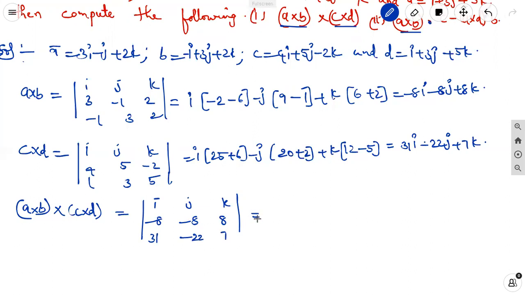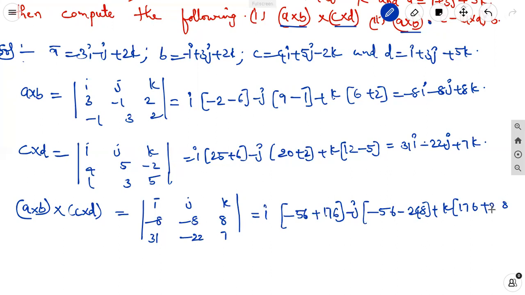It is equal to i into 7 8s are minus 56, minus into minus plus 8 2s are 16, and so on, minus j into minus 56 minus 8, plus k into 176 minus into minus plus 8.